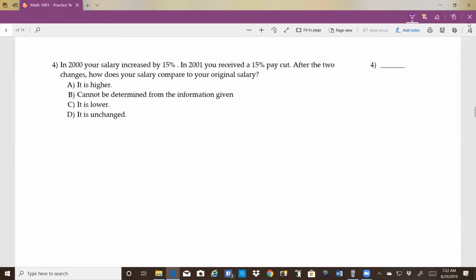The original salary is just S, say. After the raise, which is 15%, the salary was 1.15 times S.